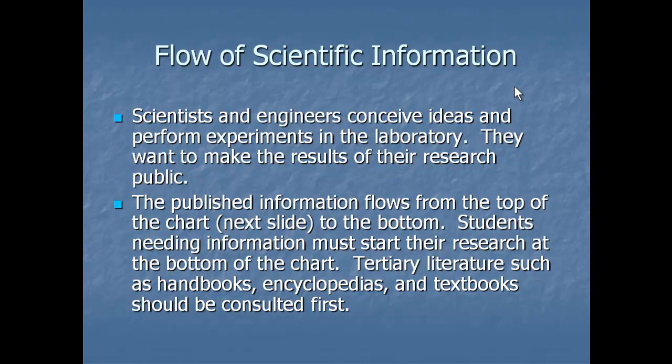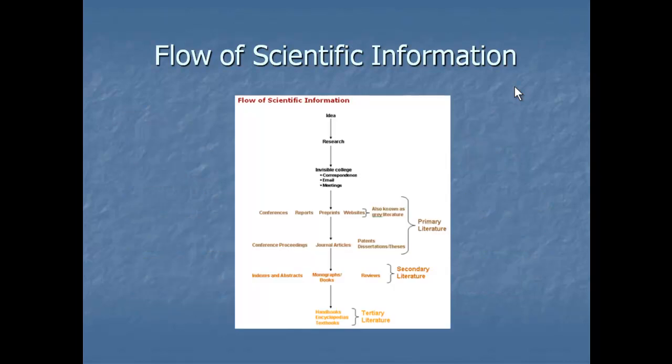So we'll see the chart on the next slide, which shows how information flows from somebody who's creating it to somebody who's needing it. And you see here that you'll start out at the bottom. Students, when you're doing research, you want background information on that topic.